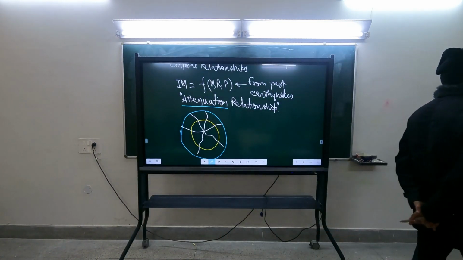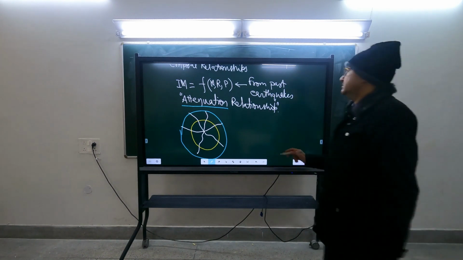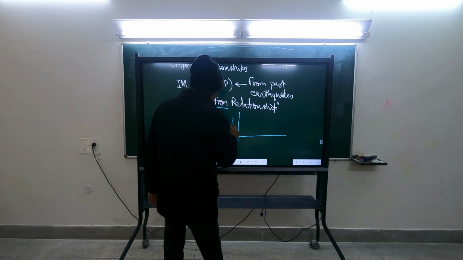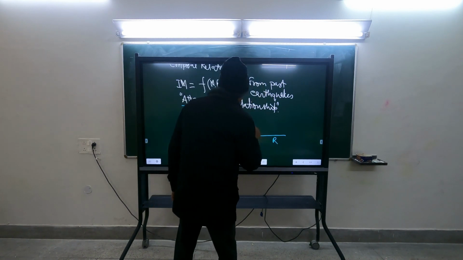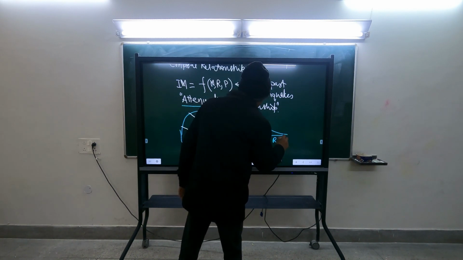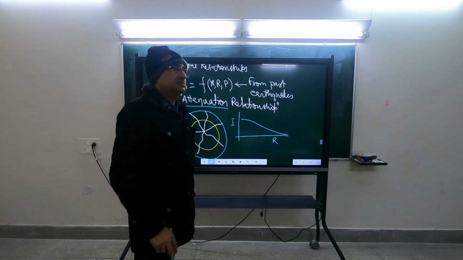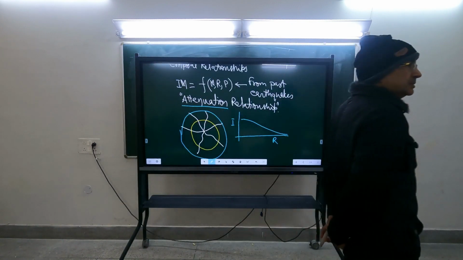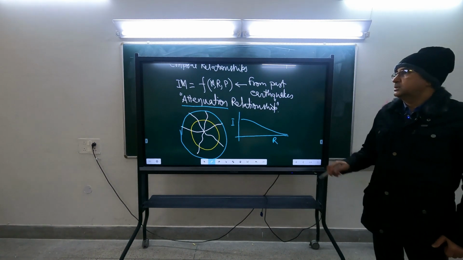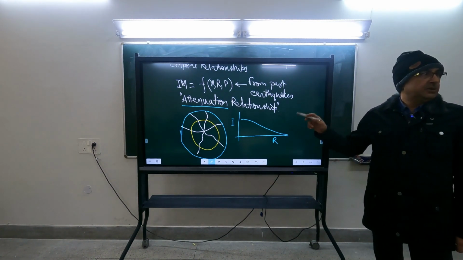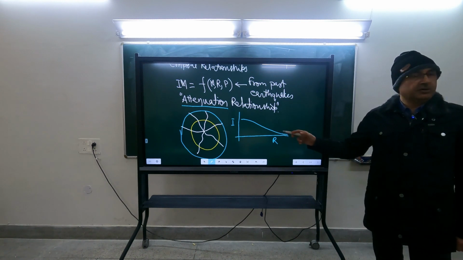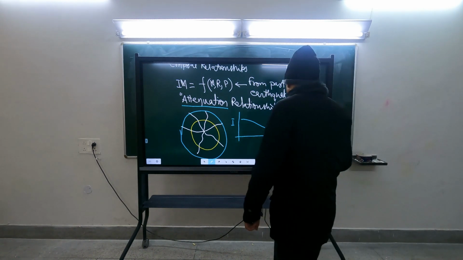So this is called an attenuation relationship. For a given magnitude of earthquake, if I take intensity against distance, initially it will be large and then it will dissipate and become asymptotic. So using attenuation relationships, you can identify the intensity measure, and these attenuation relationships are obtained from past earthquakes.